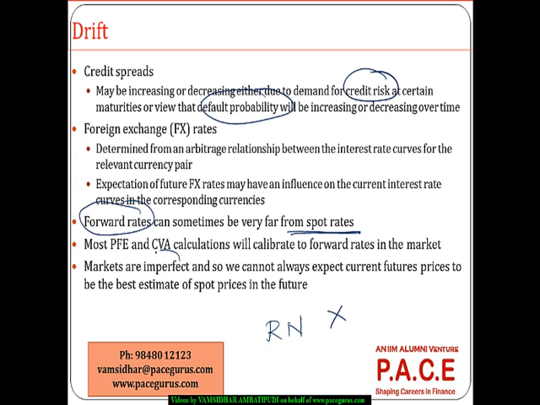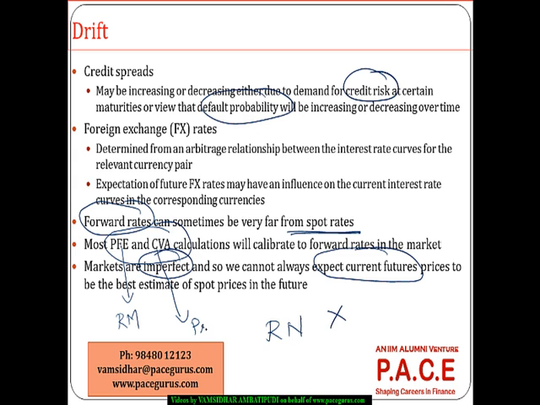Majority, but still, even though the markets are imperfect, and even though we know that we cannot always expect the current future price to be the best estimate of spot price, we still see most of the CVA calculations and the PFE calculation. So PFE calculation is the risk management calculation.